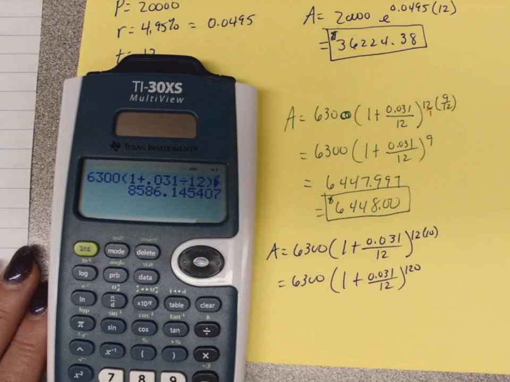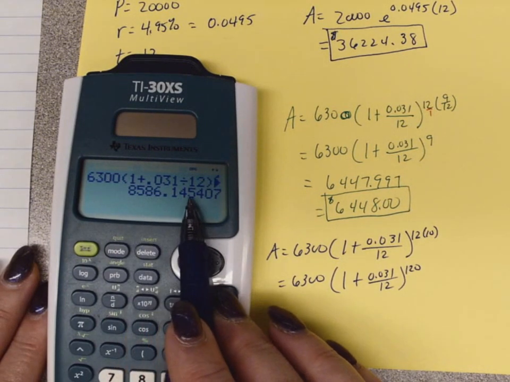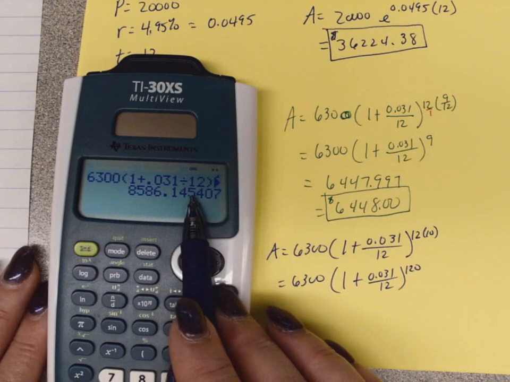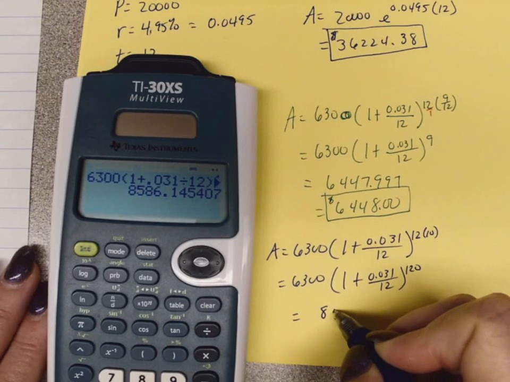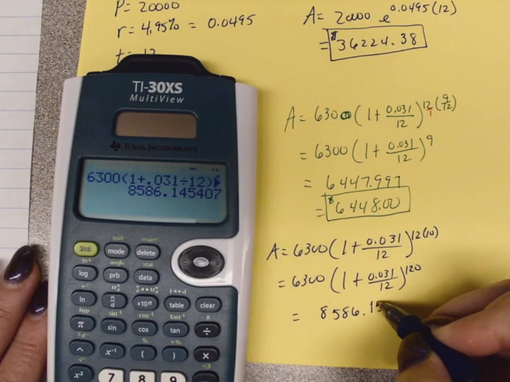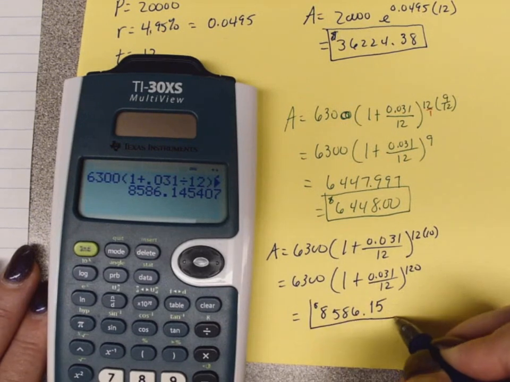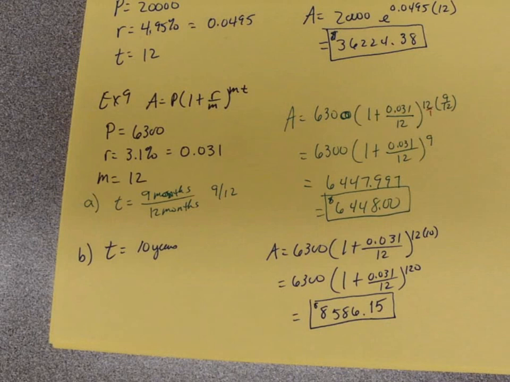You'll get the same answer. All right, here we have 8586.145. That 5 is going to cause my 4 to round up. So we're going to get 8586.15. We're always going to go to 2 decimal places when we are talking about money.